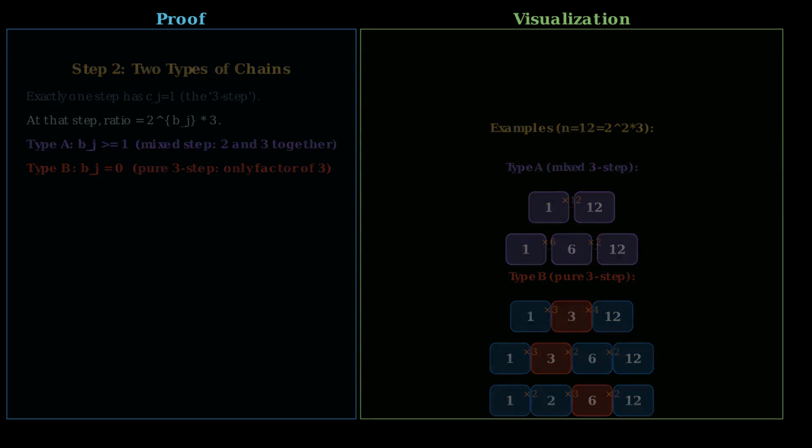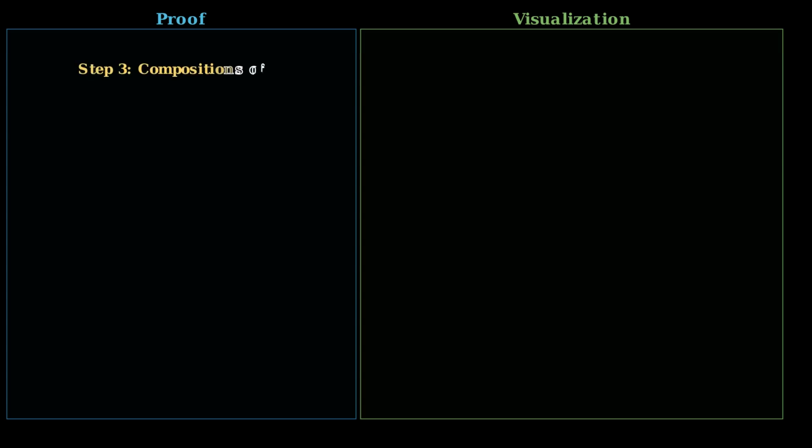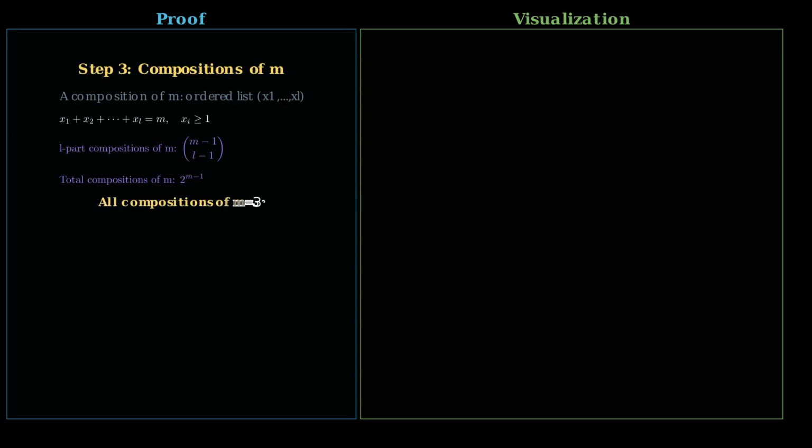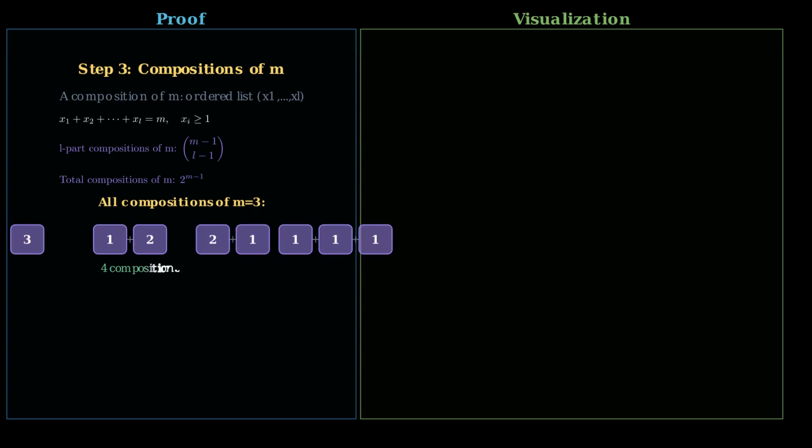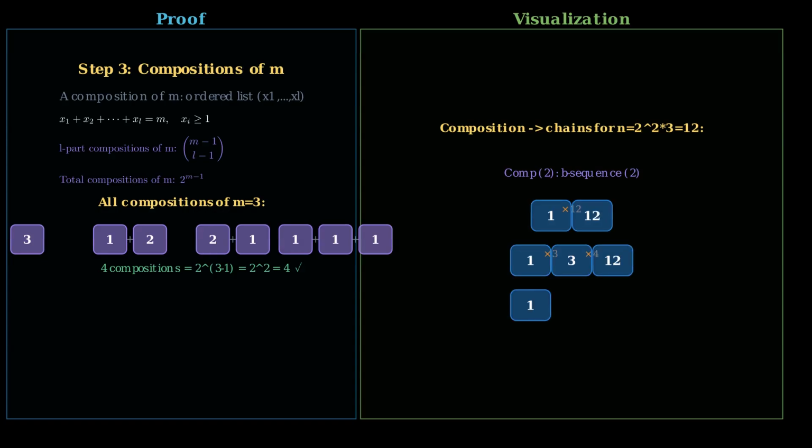Step 3. Introduce compositions of m. A composition of m is an ordered list of positive integers that sum to m. For example, the compositions of 3 are 3, 1+2, 2+1, and 1+1+1. An L-part composition of m has exactly L parts.